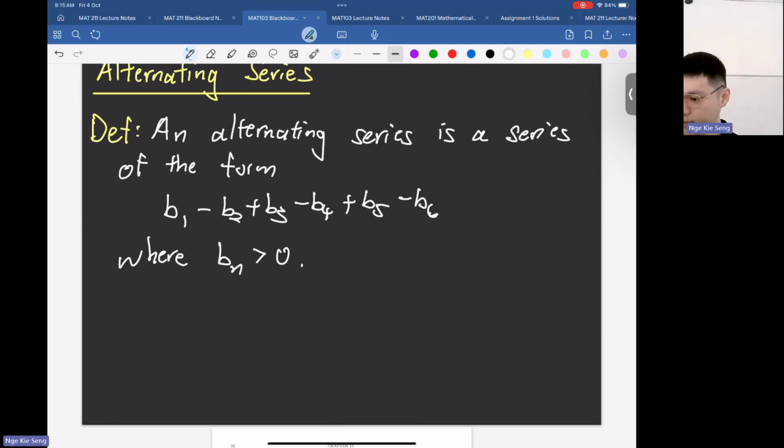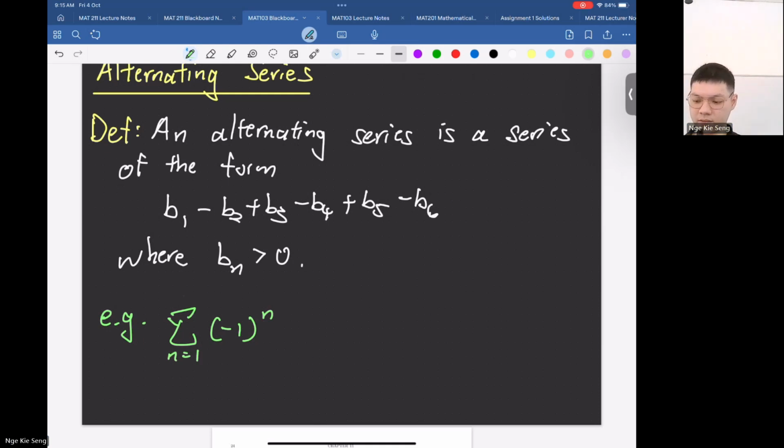So what's an example? Whenever I put down these symbols, you need to have examples in your mind. What sort of example could you have? The sum of alternating minus 1, for example. What you get is 1, sorry, minus 1 first, right?